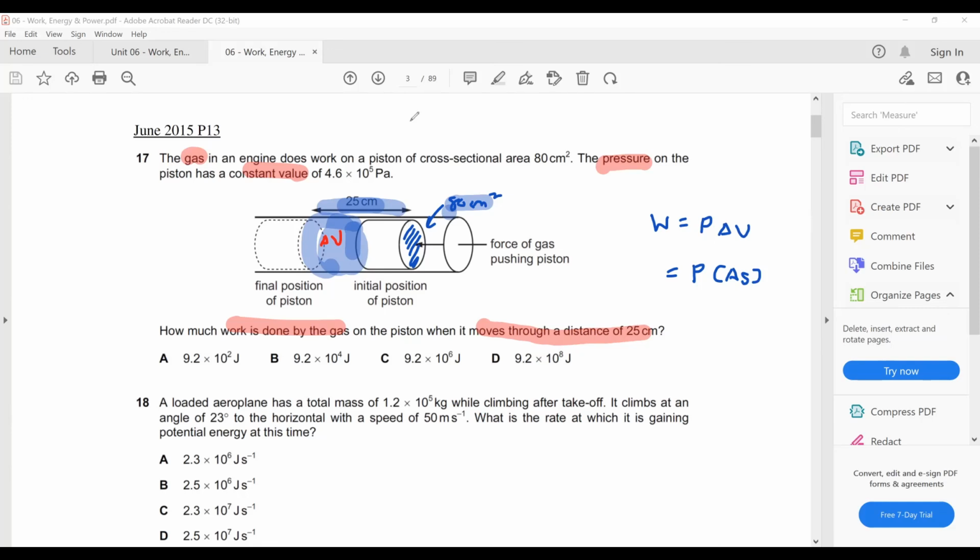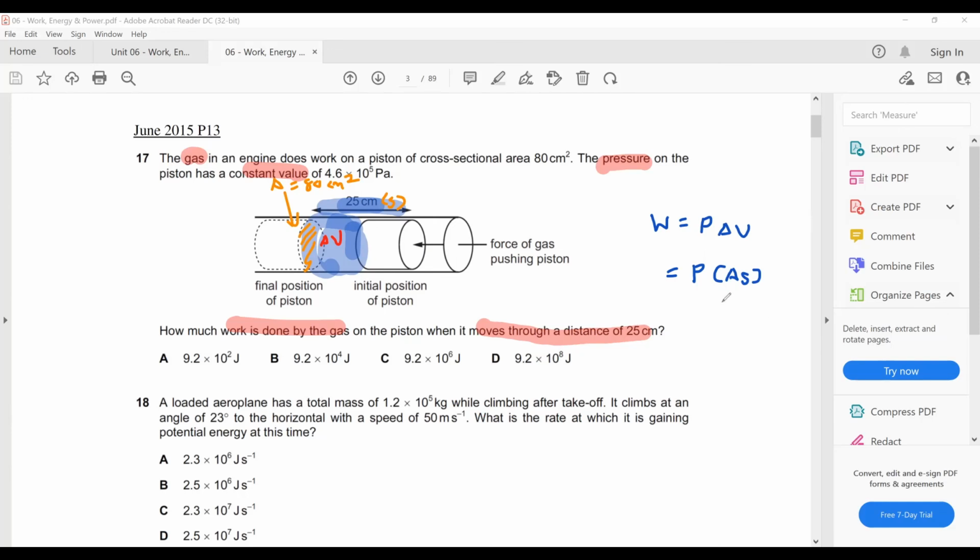Maybe I shouldn't draw it here. Maybe I should just draw it here. This is your area, 80 centimeters square. Your distance moved is this one. Area times your distance moved would be your change in volume.